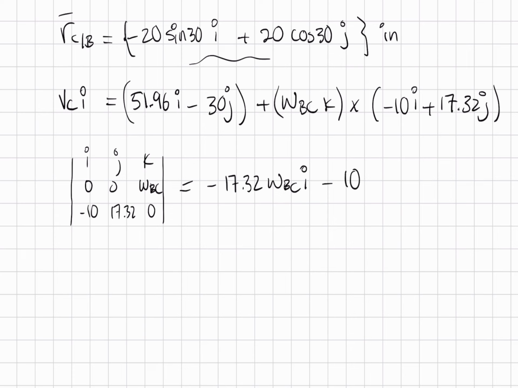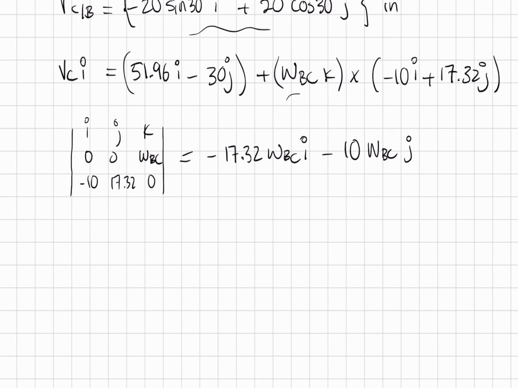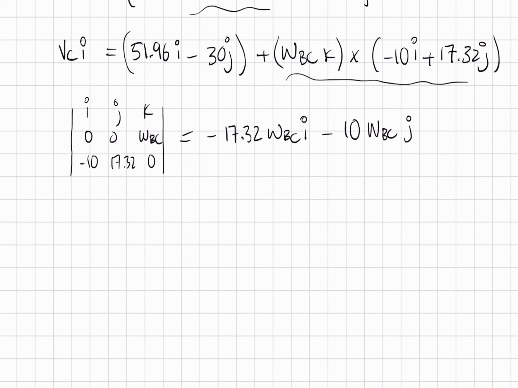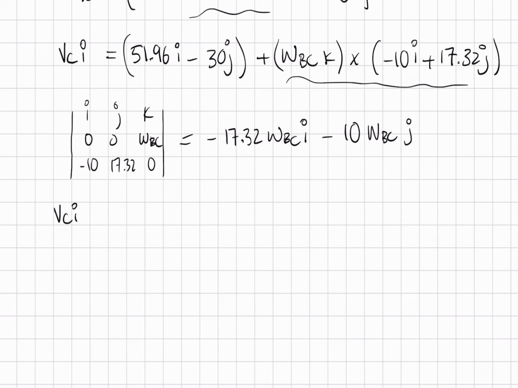Might be a good idea to review matrix algebra, at least when it comes to the different multiplications that exist. So I just want to make sure I wrote everything down correctly, and I believe I did. Okay, so we're good. We calculated the cross product, so we already know what the expansion here looks like. And so once we simplify, we have VC I equals 51.96 I.